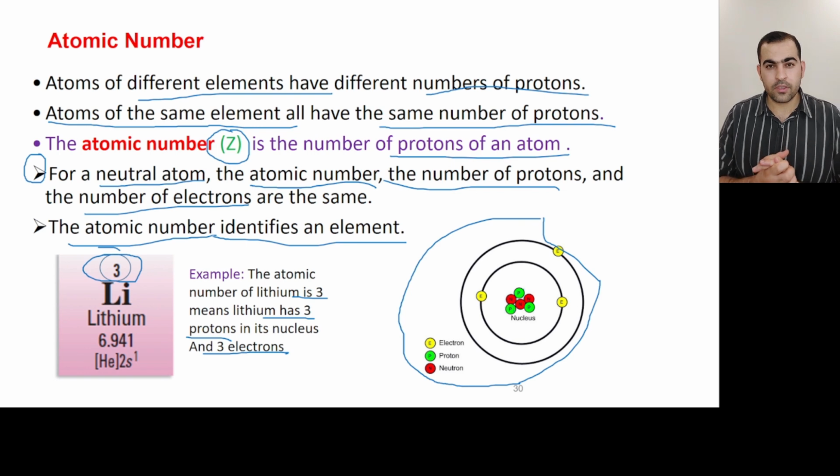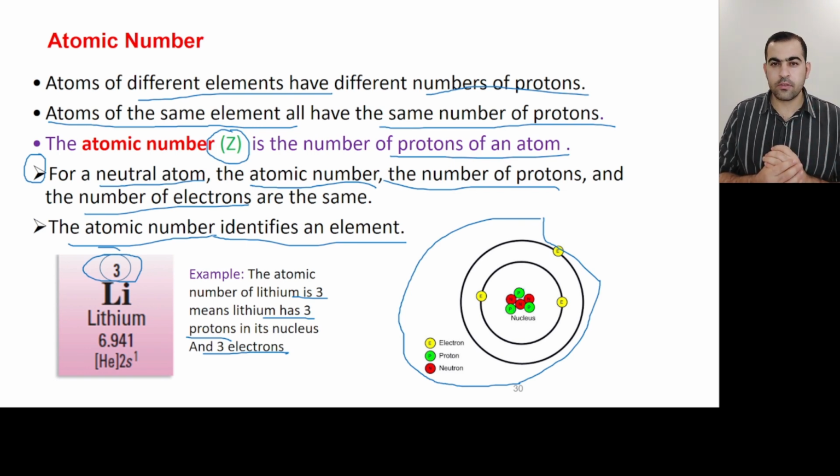Beryllium. Beryllium's atom contains only 4 protons. Atomic number identifies an element. For example, your name identifies you, right? So atomic number identifies an element.